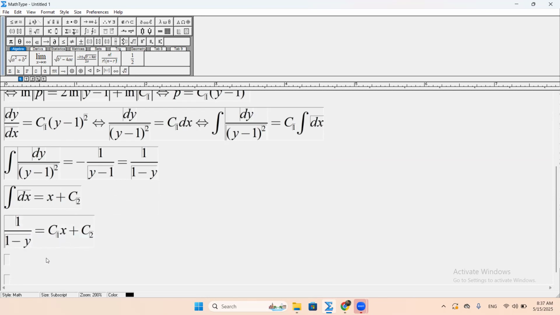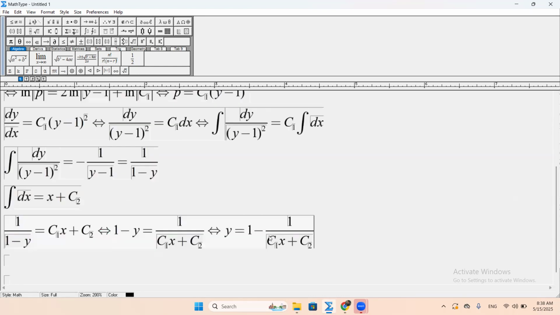And now we will express y explicitly. Okay, we have a little bit of time, so let's do it. So 1 minus y equals 1 over this expression. So then y equals 1 minus this expression, so 1 over c1 x plus c2.